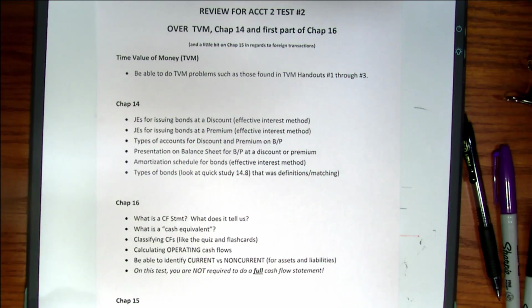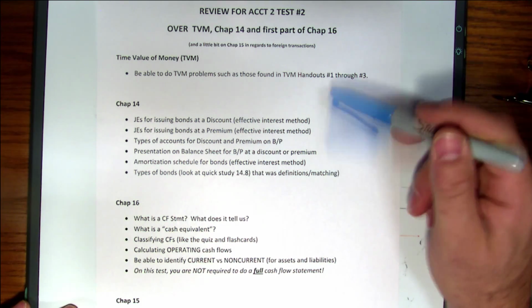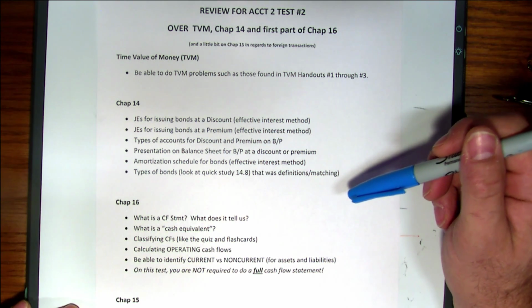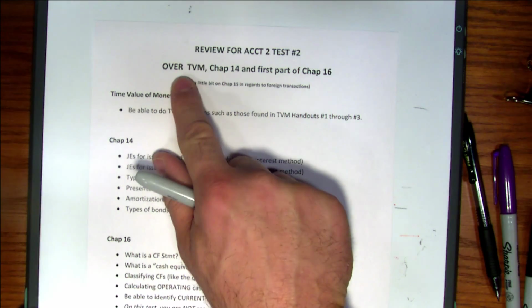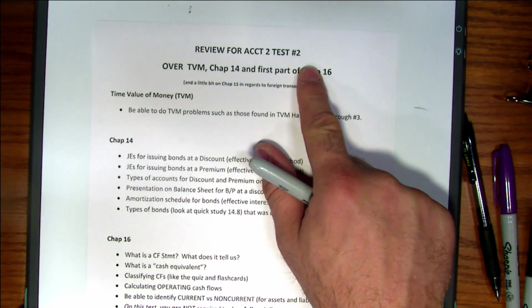That's it? All right. Okay, I believe I gave you this test review sheet, did I not? I gave you one of these last period or a period or two ago as far as the review for the accounting test number 2.